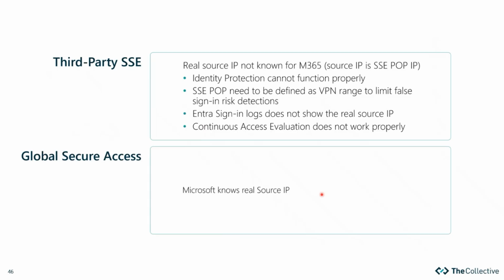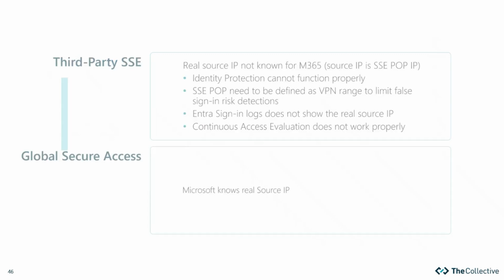Also, the Entra ID sign-in logs do not show the real source IP address, which is a hassle for investigations when a cyber incident, for example, happens, but also continuous access evaluation does not work properly in conditional access. So with the Microsoft profile specifically here, we can make sure that the real IP address is known for Microsoft resources and all of those things still work properly as expected.